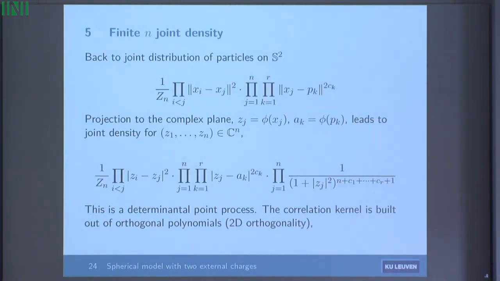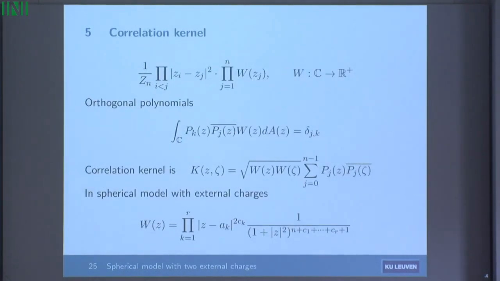So I want to say the result we have about these orthogonal polynomials, and it's actually with 2D orthogonality, so orthogonality over the whole plane. There's a general setup here. If you have such a distribution of points on the plane with a van der Monde product absolute value squared times a product of a function w acting on each particle, a non-negative real valued function on the plane, then you can consider the orthogonal polynomials with respect to this weight function and area measure.